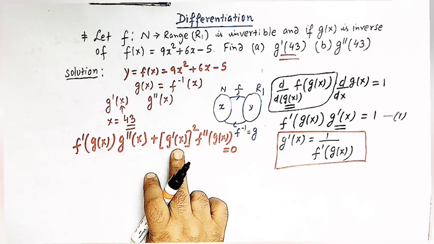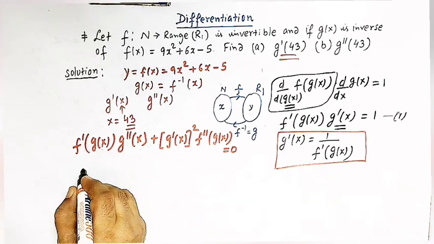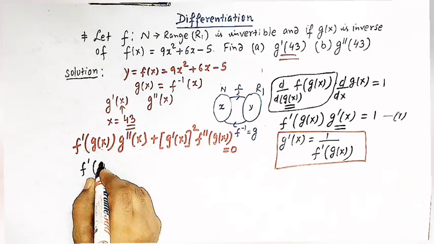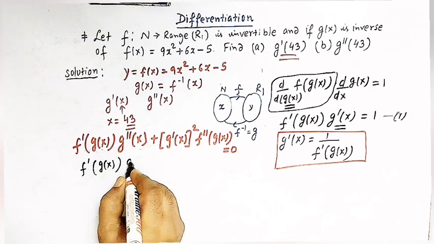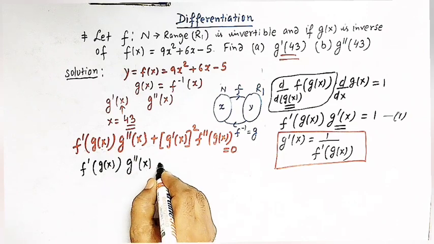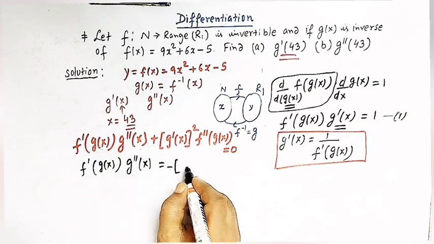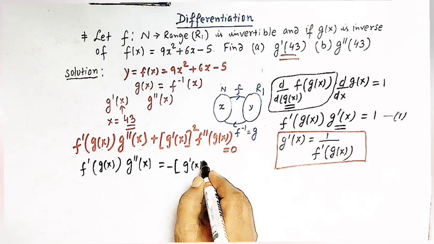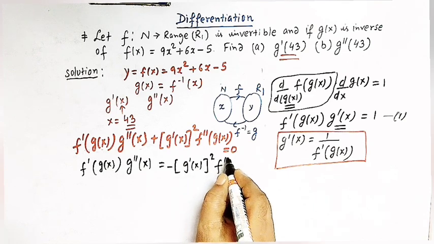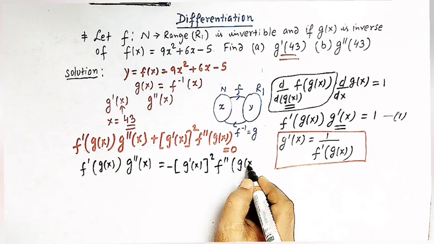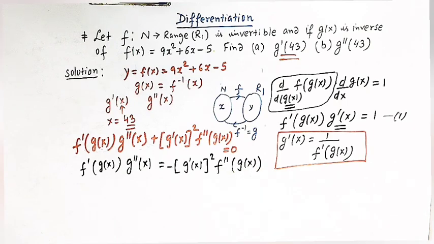Now taking this term to the right hand side, we have f prime of g of x times g double prime of x equal to negative of g prime of x squared times f double prime of g of x.